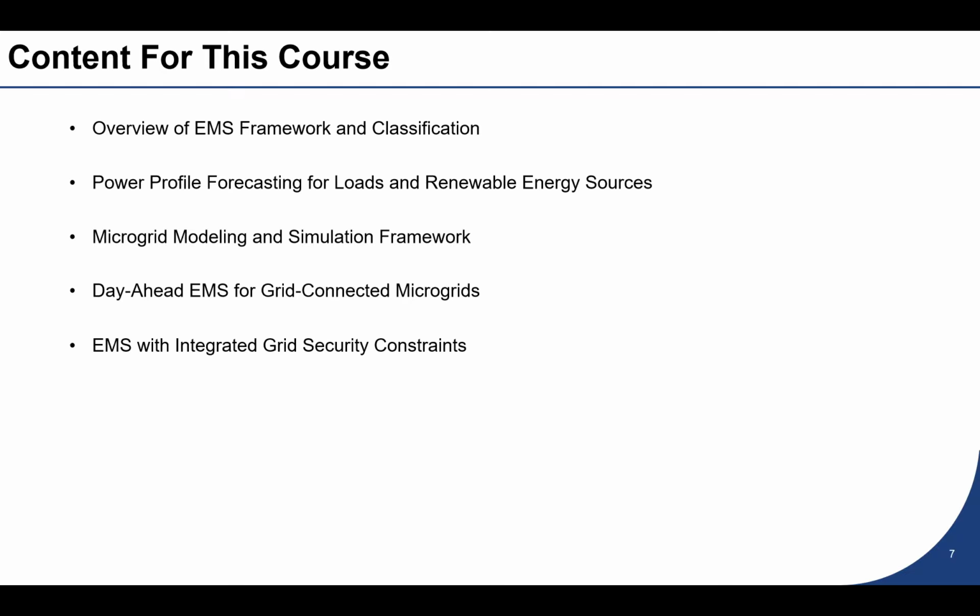After that, we extend the EMS by incorporating grid security constraints, including voltage and current constraints, to ensure secure and stable operation. The sixth part of the course introduces model predictive control-based EMS, which allows us to embed dynamic models and handle uncertainty in a systematic way.